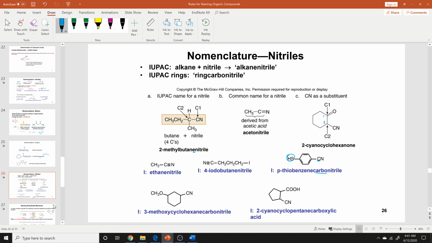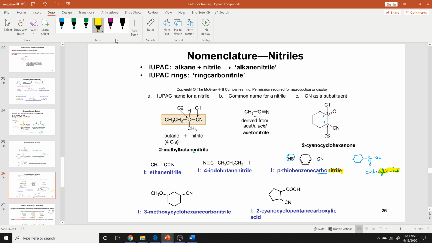Since the nitrile is also a derivative of carboxylic acid, in this case I'm just going to go ahead and drop the oic acid and replace that with the nitrile.